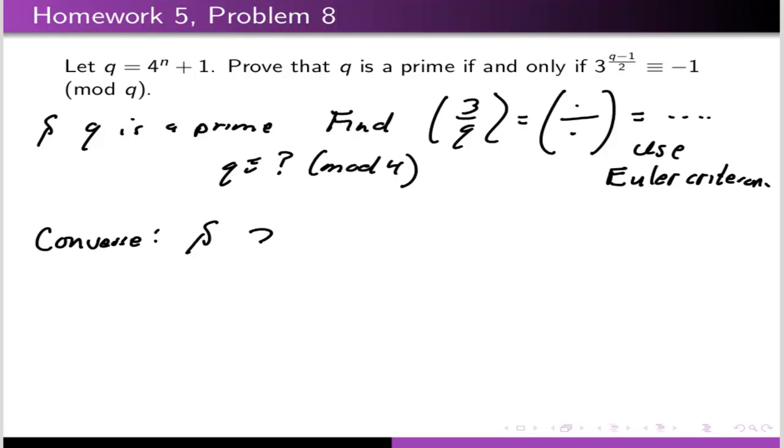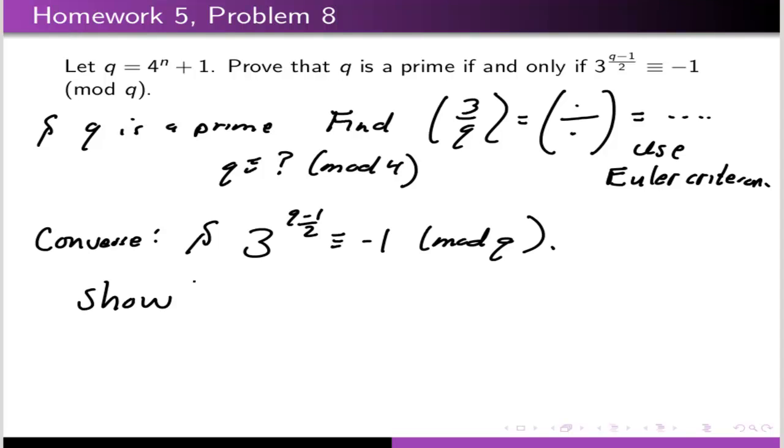For the converse, suppose 3 to the q minus 1 over 2 is congruent to negative 1 mod q. And my goal now is to show that the order mod q of 3 is q minus 1.